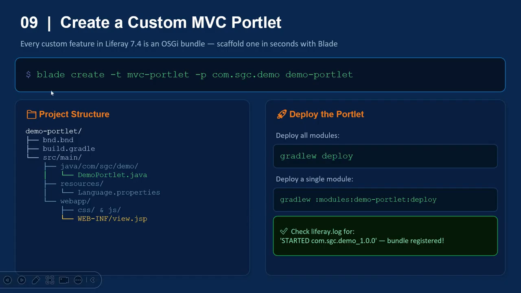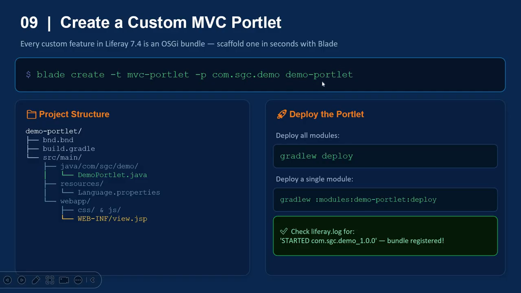Here the command explanation is blade create -t mvc-portlet. This is the template name, which kind of portlet you are going to create. If you are going to create something else like hook, themes, or service builder, you have to give a different name here. And -p is the package, what package you want to give here, and demo-portlet, any name you can give here.